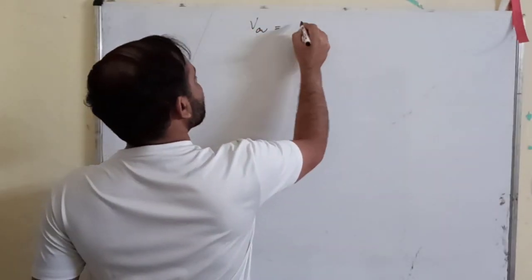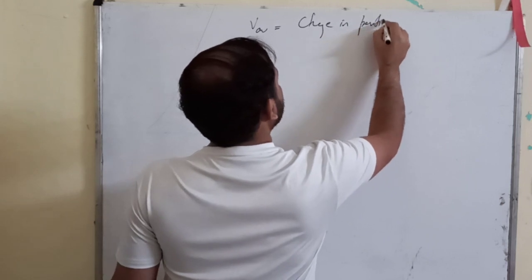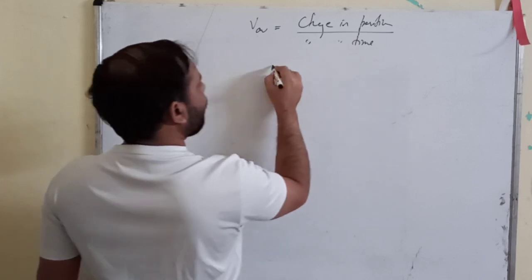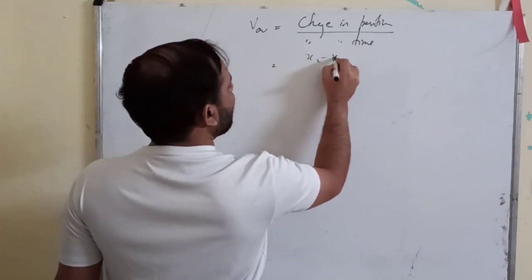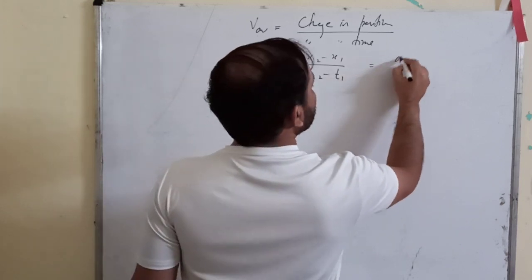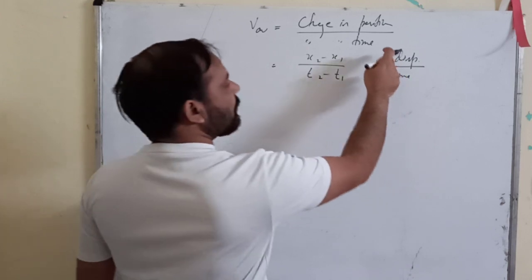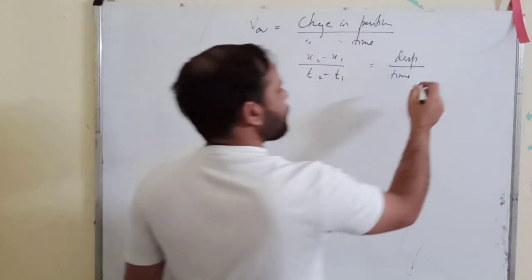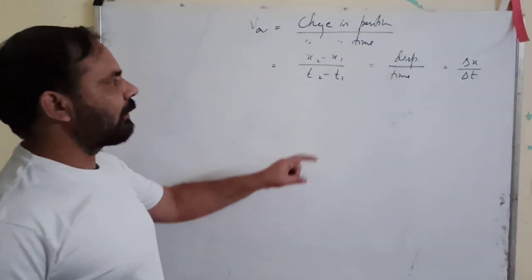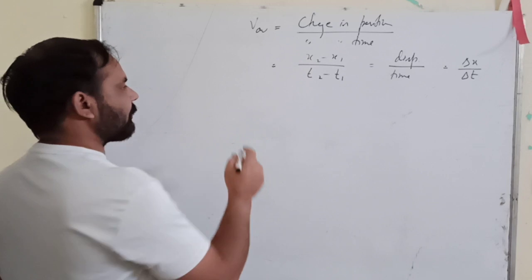V average is change in position upon change in time, or simply x2 minus x1 upon t2 minus t1, or simply delta x upon delta t. Yes, displacement upon time, because displacement is nothing but the change in position only, so it is delta x upon delta t. This was your V average. This way you will find the average velocity.